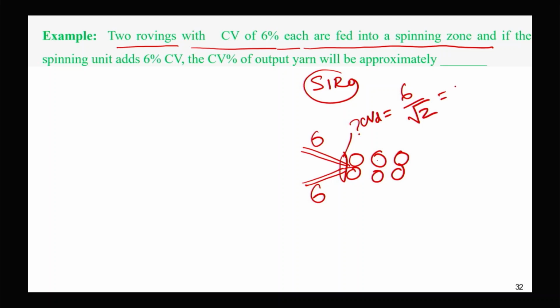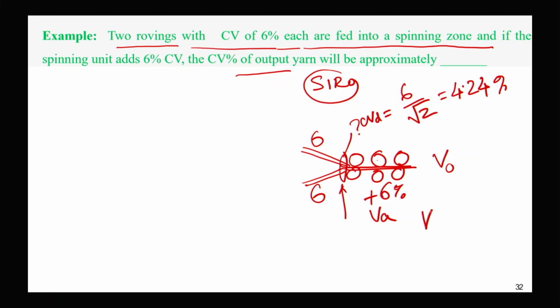CV of doubled material is equal to 6 by under root 2, because 2 strands are there. So it will become 4.24. So 4.24% is the total CV of the input material. Now this is drafted in the ring frame, which adds CV of 6% again. That is the CV added, and the CV of the output material is required.